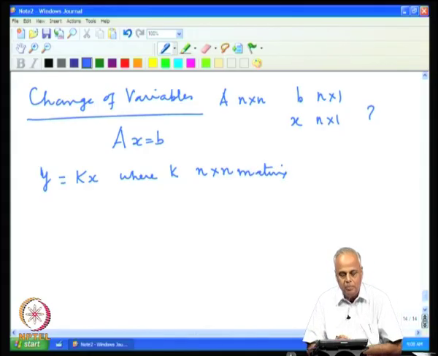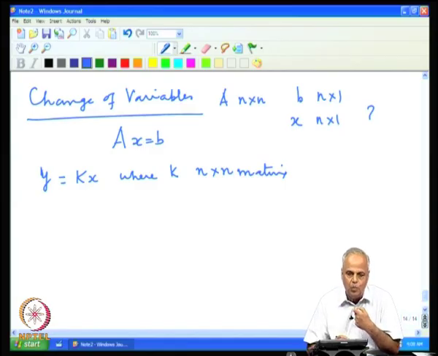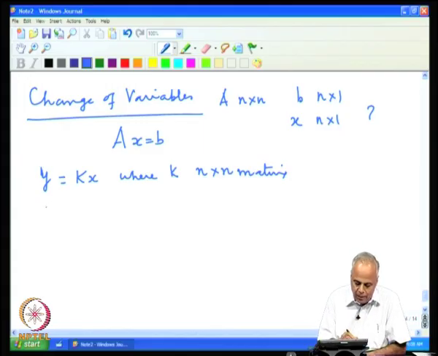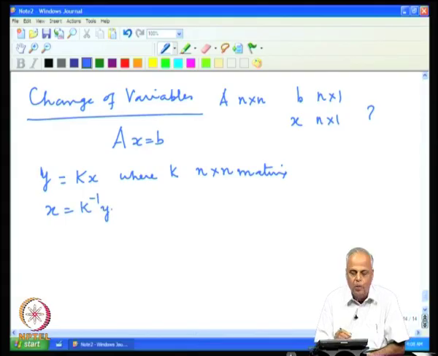Now, what is the idea? The idea is we would somehow try to get an equation for y which is easy to solve. Now, what is the use? The idea is if I know y, I can find x. How do I know x from y? Well, I would be able to write x is equal to k inverse y, provided k is an invertible matrix.